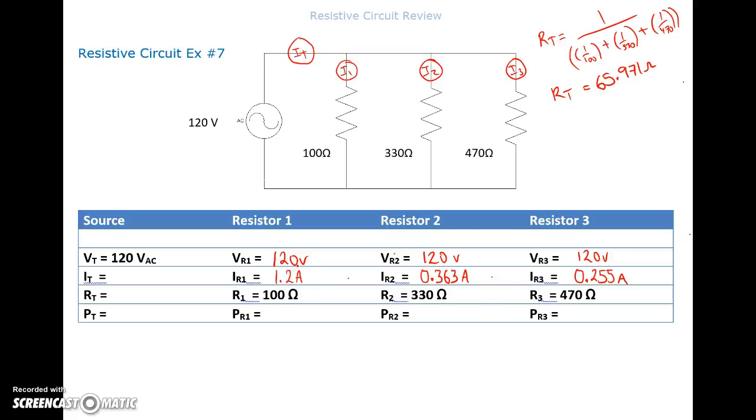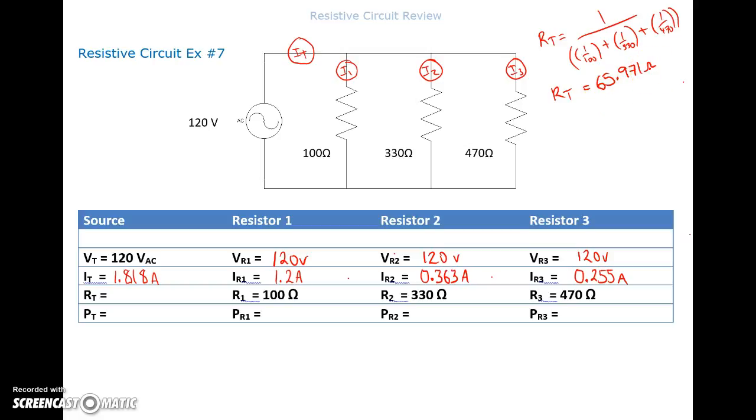Okay, let's add those guys up. 1.2 plus 0.363 plus 0.255 gives me a total current of 1.818. Okay, we were looking for a value that was close to 65.971.